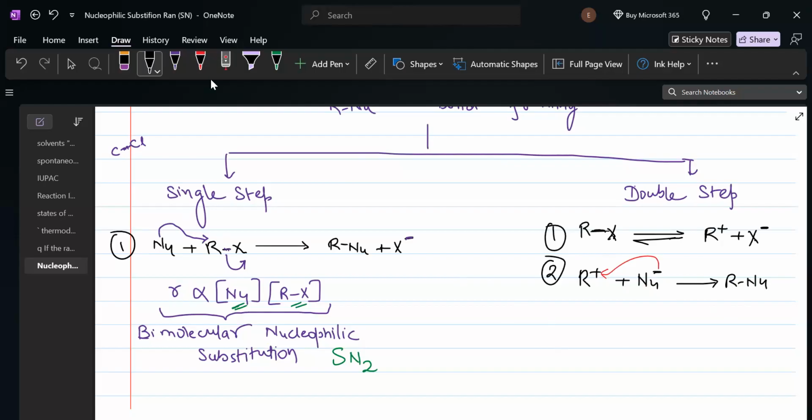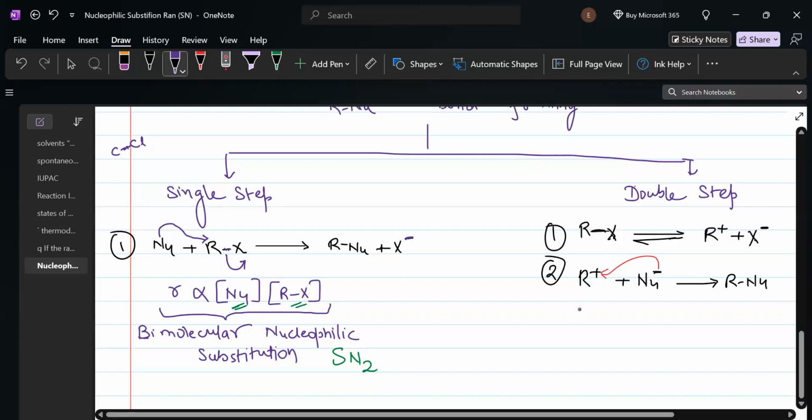So as you can see, this reaction has taken place in two separate steps. That is why it is a double step reaction. And this reaction rate is dependent only on this substrate.